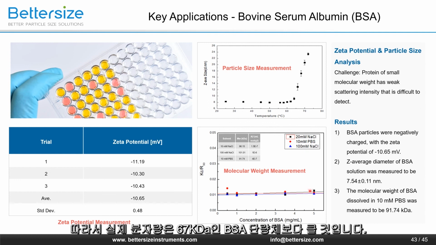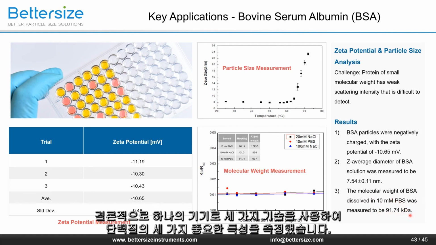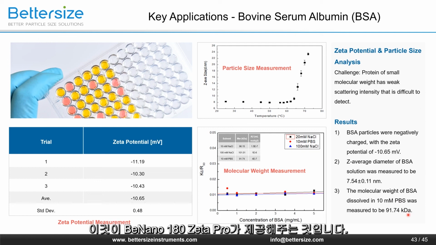Therefore, the actual molecular weight will be larger than that of the BSA monomer, which is 67 kilodaltons, and this fact was endorsed by the measurement results. In conclusion, 3 important properties of proteins were measured using the 3 techniques with only 1 instrument. That's what the BeNano 180 Zeta Pro can offer.